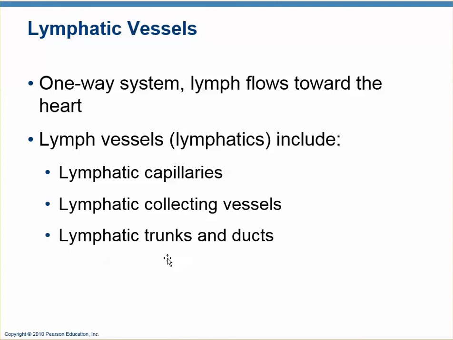These capillaries all join together into vessels called collecting vessels. Then the collecting vessels join together to form trunks, and eventually the trunks come together to form ducts. And then the ducts join up with veins, and this fluid is returned to the bloodstream.